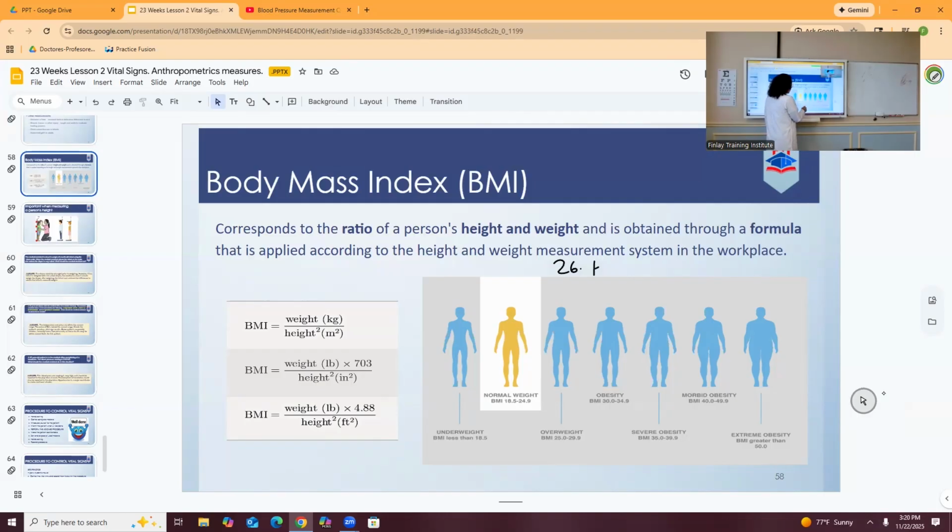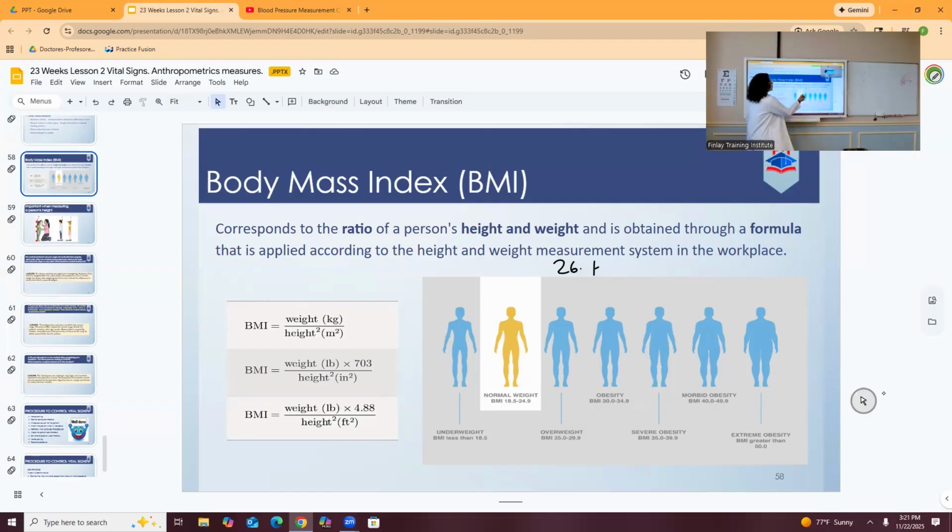Overweight goes from 25 to 29.9. Above 29.9, we have obesity. Obesity is from 30 to 34.9. Severe obesity is 35 to 39.9. Morbid obesity is 40 to 49.9. And extreme obesity is anything above 50.